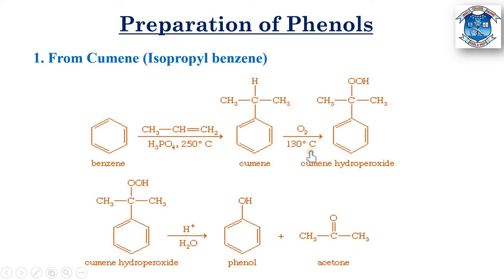Cumene is easily oxidized in the presence of air to form cumene hydroperoxide. Now when cumene hydroperoxide is treated with aqueous acid, it gives phenol and acetone. This process accounts for 80% of the total world production of phenol. Here the byproduct is acetone, which is also a valuable product.